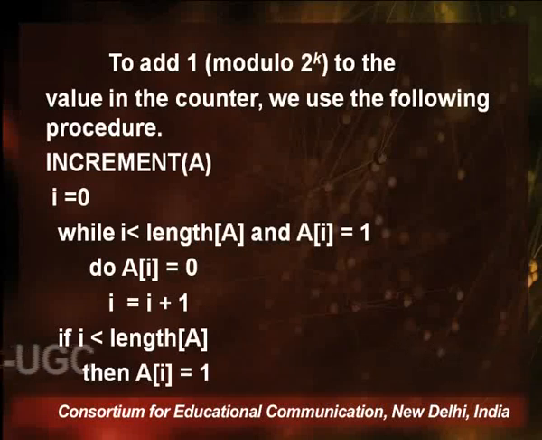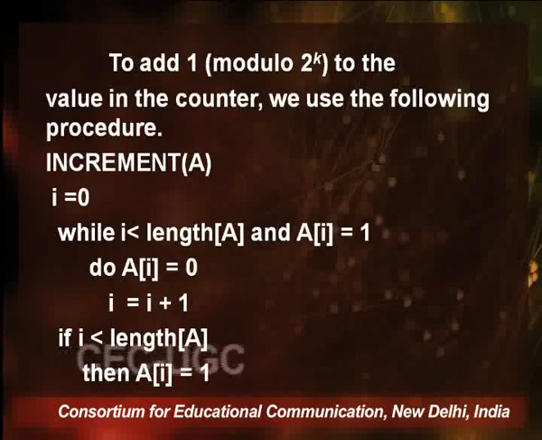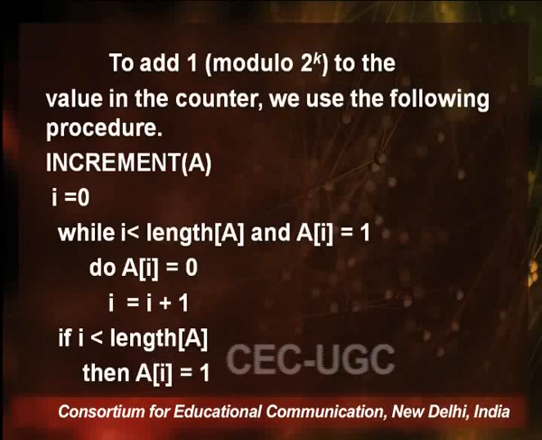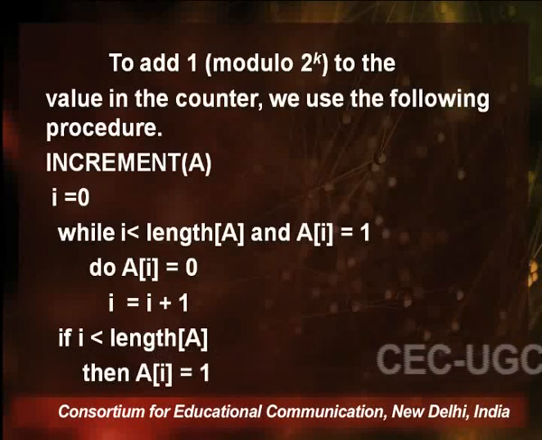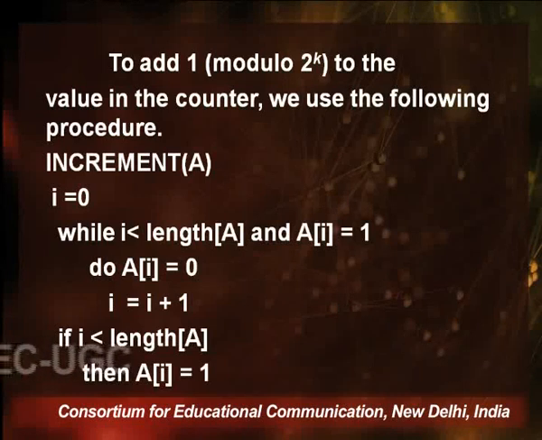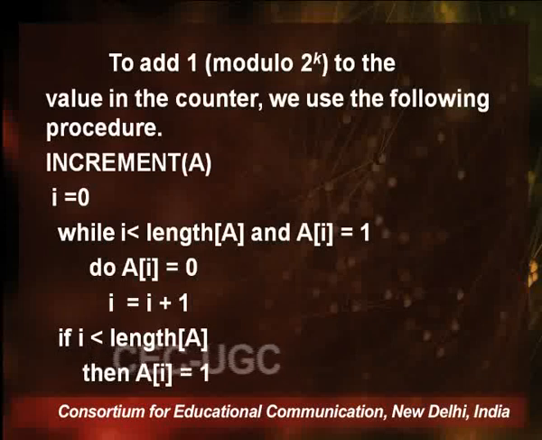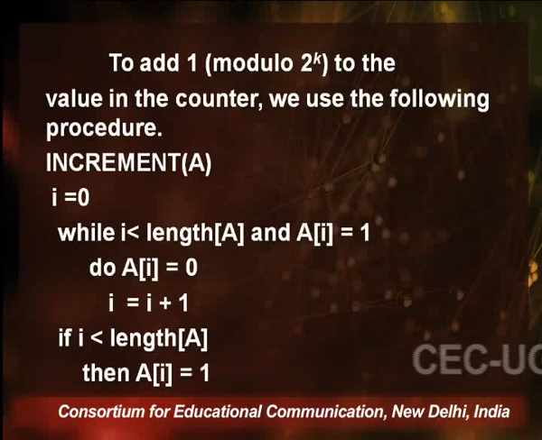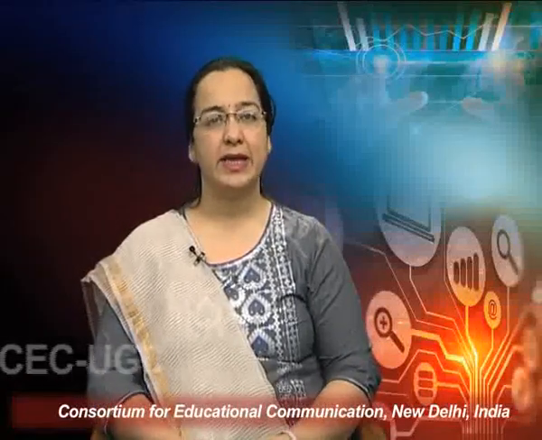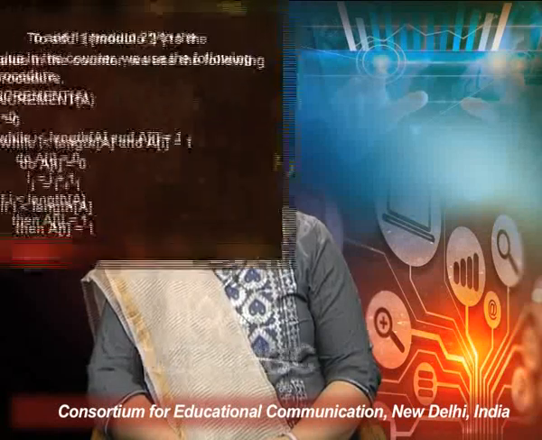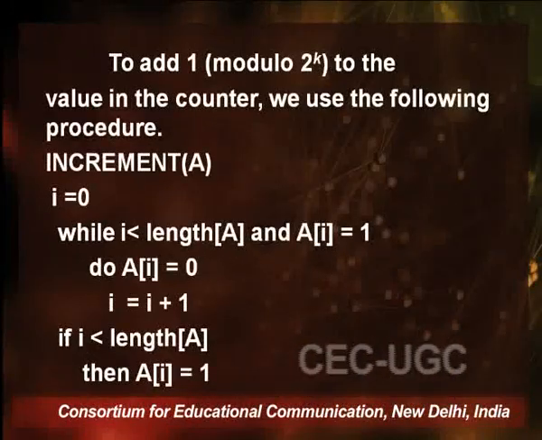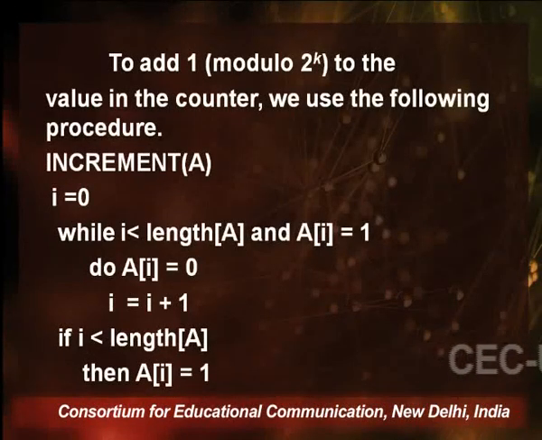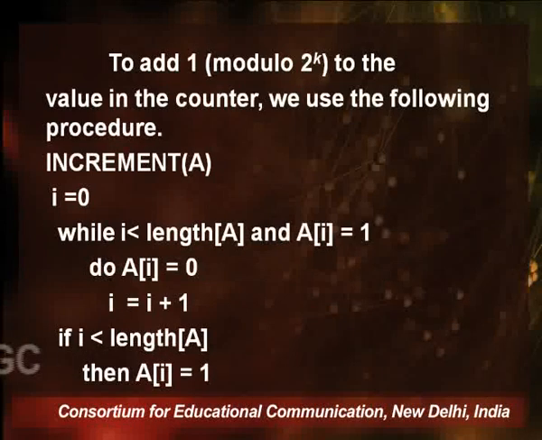So wherever I am having A[i] as 1, I will be making A[i] 0, and this process will be repeated for the whole number of bits. And when i is less than the length of A, then A[i] equals 1. So this is what the increment operation is.